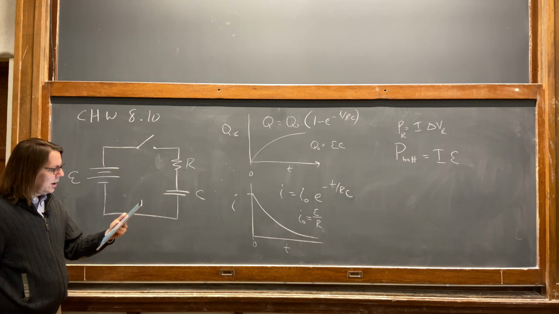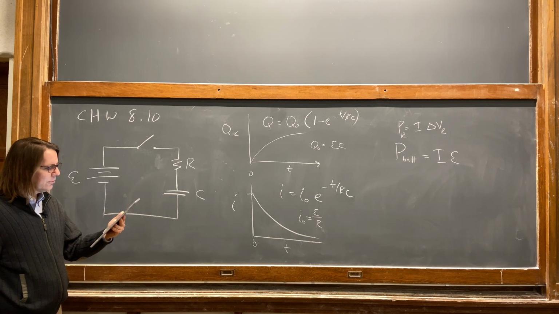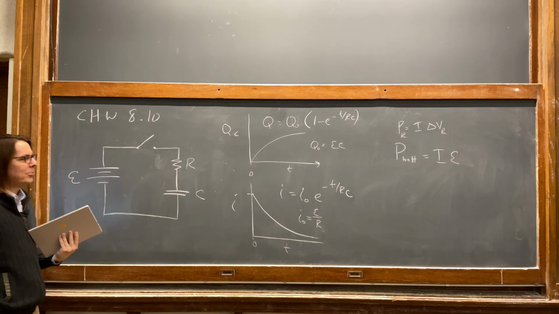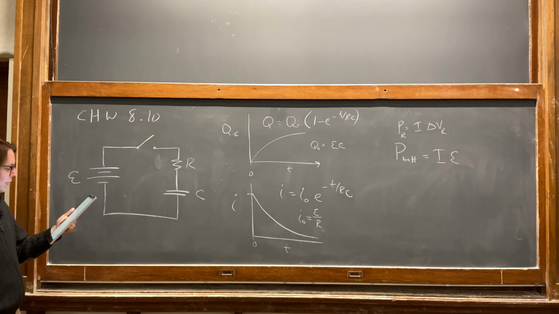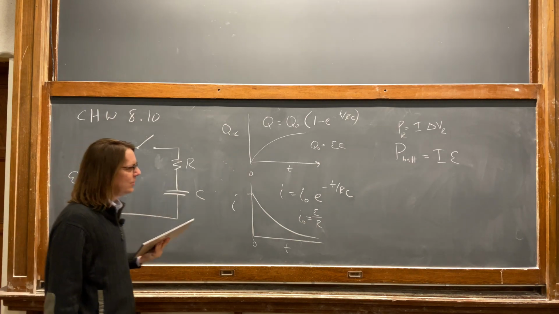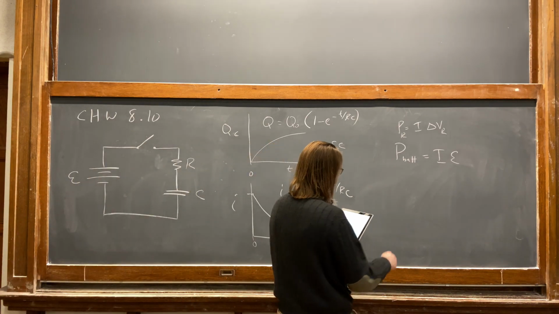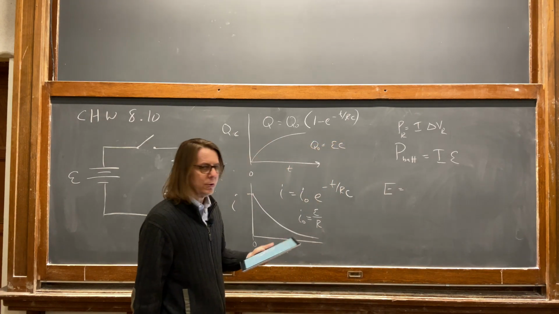Question 2. After a switch is thrown to charge the capacitor, when is the electric field greatest in the capacitor gap? Aha, tricky question. Similar choices: fully charged, half charged, right after you throw the switch. What is the field in a capacitor? We actually have two equations for it.